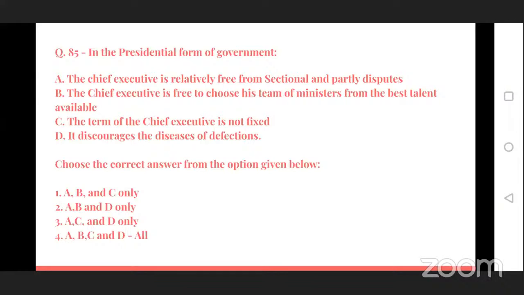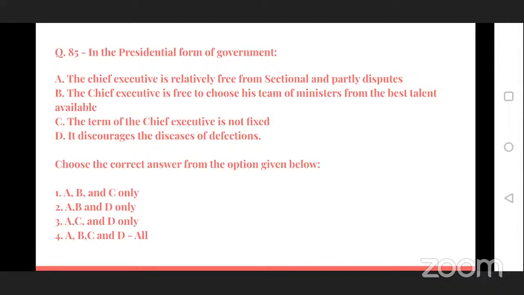The options are: A, B, and C are correct; A, B, D are correct; A, C, D are correct; and all are correct.